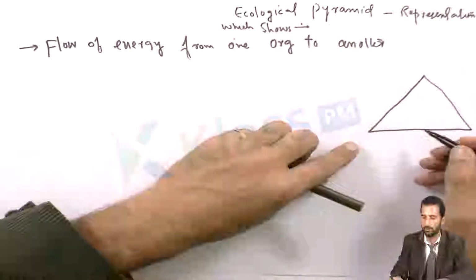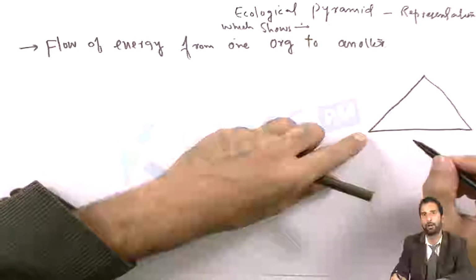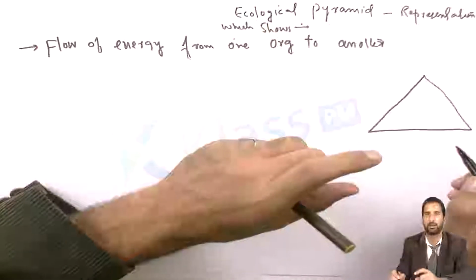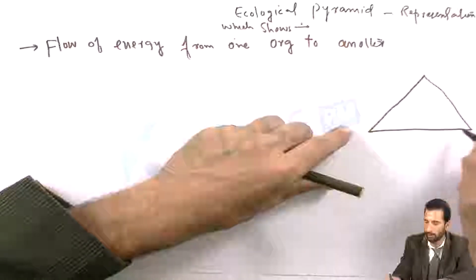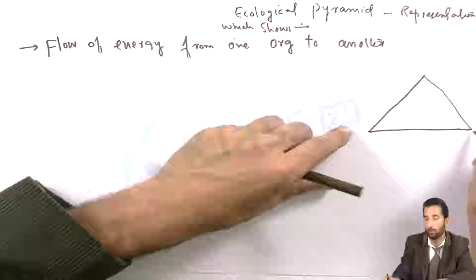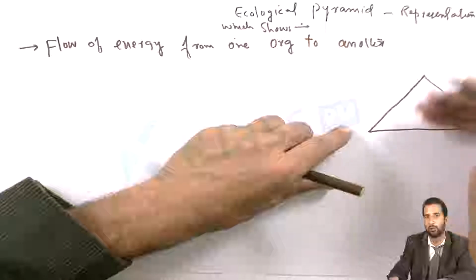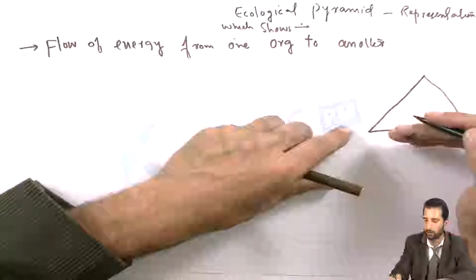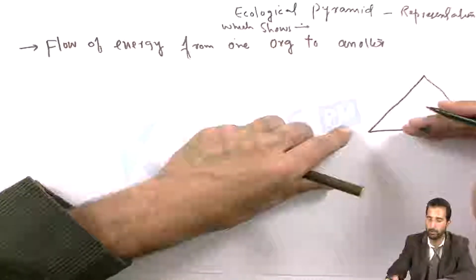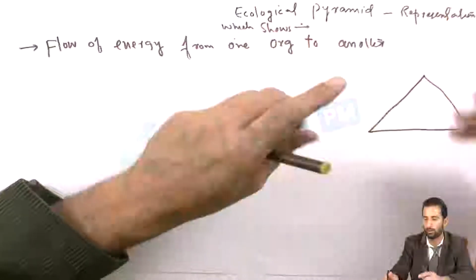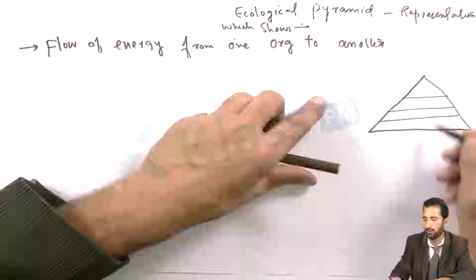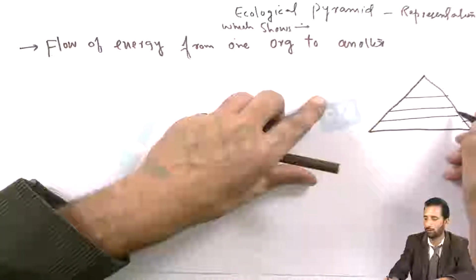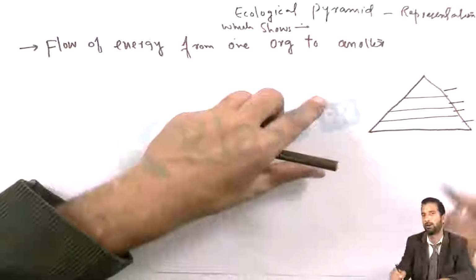This pyramid is represented as a triangular shape, in which there is a broad base end and a narrow pointed end. As we move from the low point to the high point, from the low trophic level to the high trophic level, it gets narrower. So we divide this like this. See here, this would be one trophic level, the next trophic level, the next trophic level, and the final trophic level.